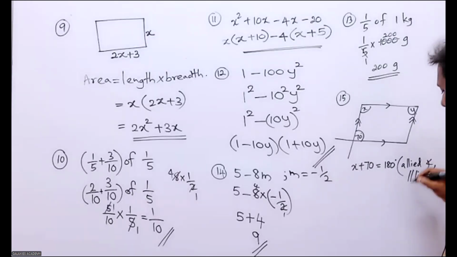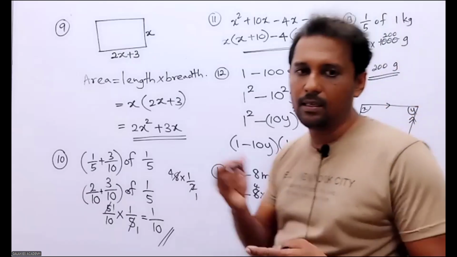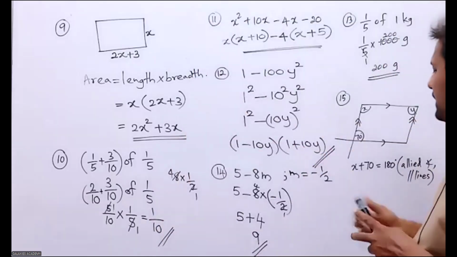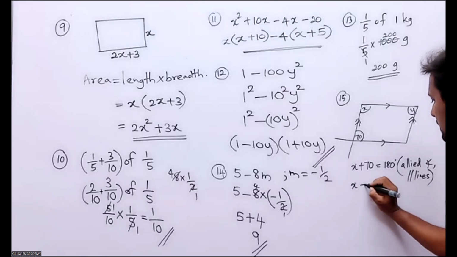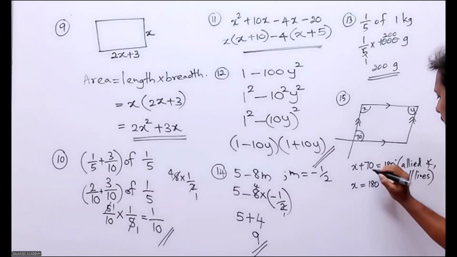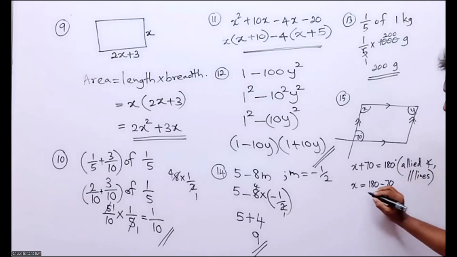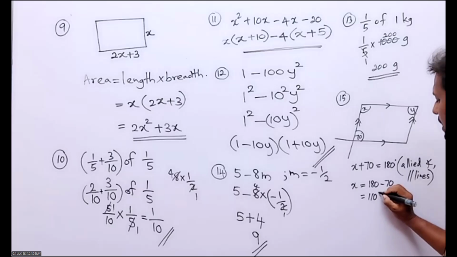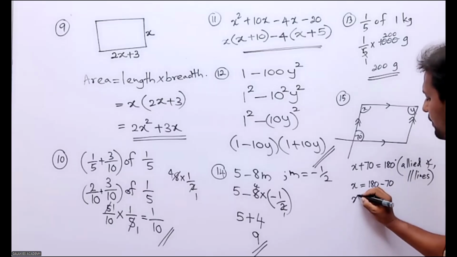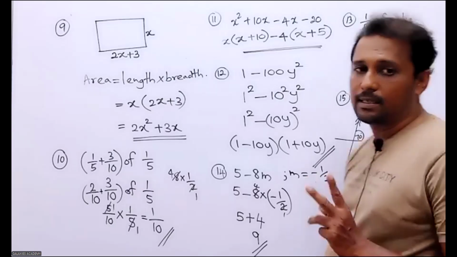Right? I wrote simply parallel lines. Then you can simplify this one. X equal 180. This plus 70 goes to the other side. It should be converted into minus 70. So x is 110. X is 110.